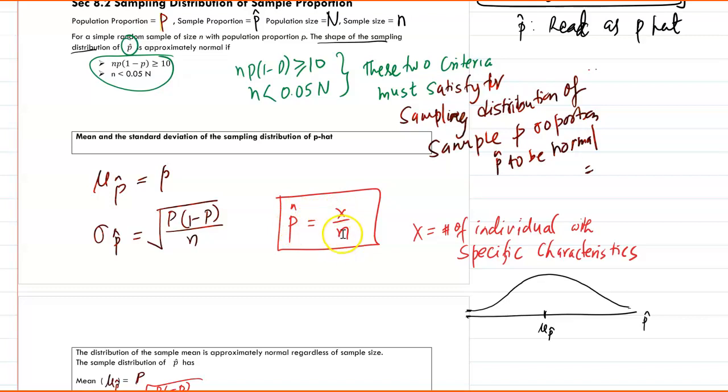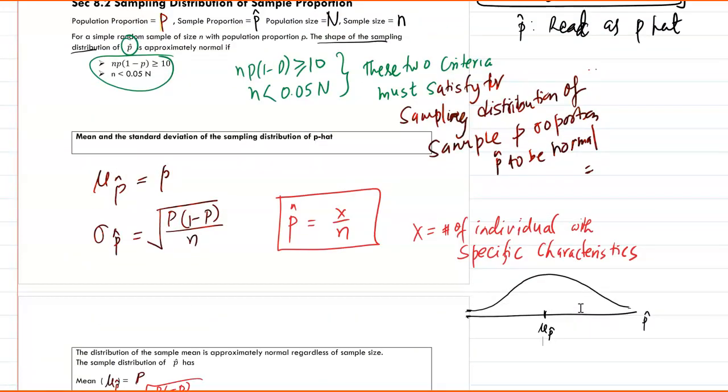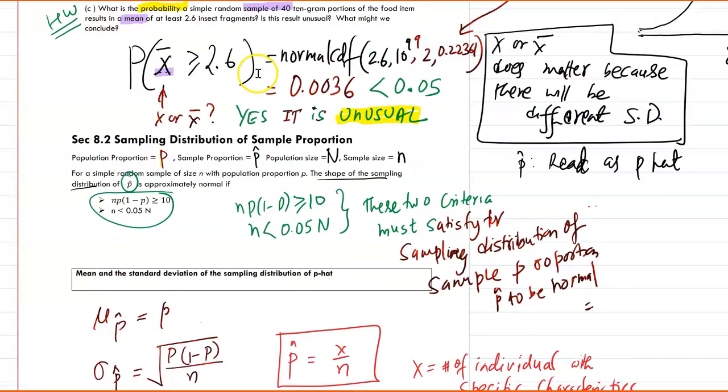You know n is the sample size, and x is the number of individuals with the specific characteristic. I'm going to mention this in the questions later. That's the formula we're going to use in this section, and that's how the distribution looks if the sampling distribution of sample proportion is normal.